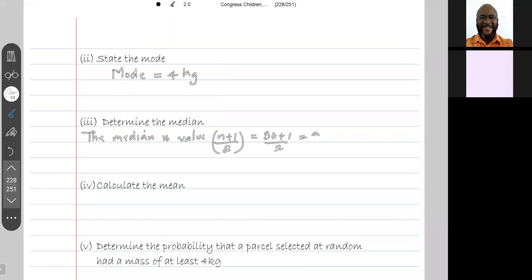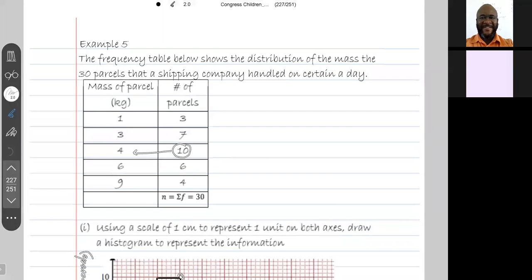This is 31 over 2, which is the 15.5th. The 15.5 is telling me that the median is the average of the 15th and the 16th value. In order for you to determine the 15th and the 16th value, you need to put in cumulative frequency. So we have cumulative frequency.